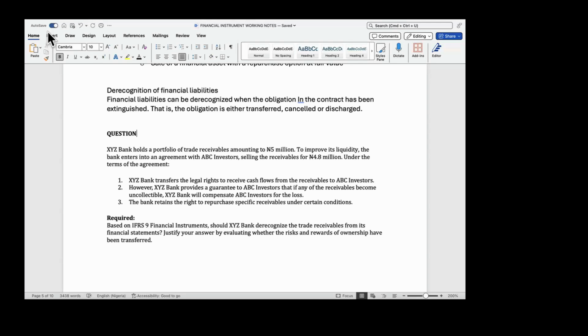You are then required, based on IFRS 9 financial instrument, should XYZ Bank derecognize the trade receivable from its financial statements? Justify your answer by evaluating whether the risks and reward of ownership have been transferred.